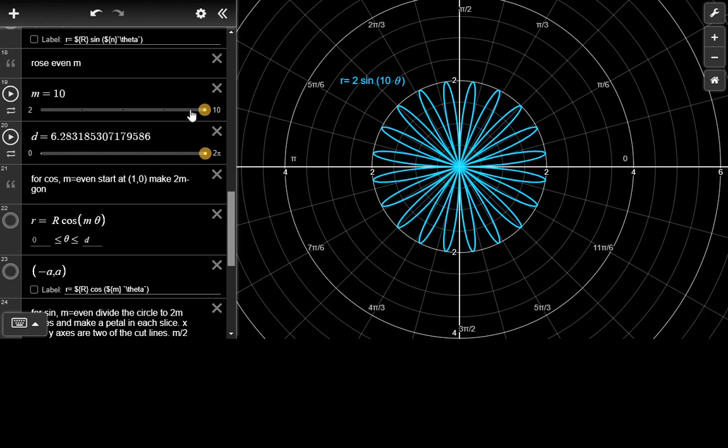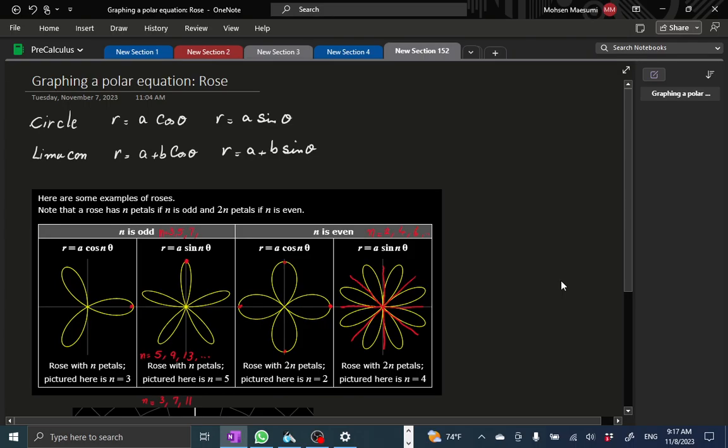As to where the tips are going to be, that is going to require solving a trig equation, which is coming up. But let's go back to our writing page. Okay, so we got a sense of how these curves come about.